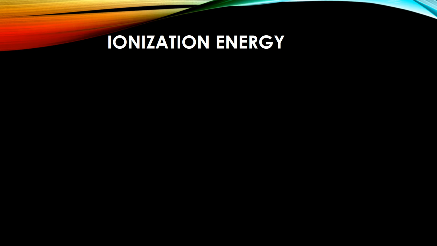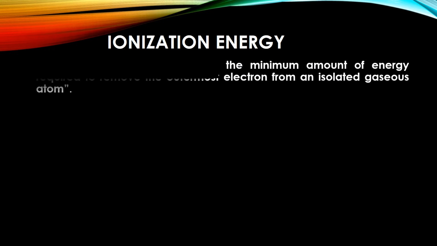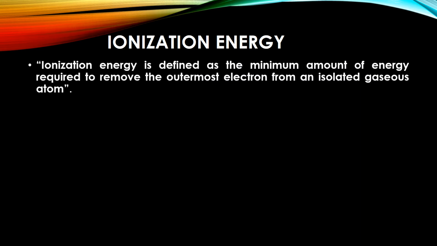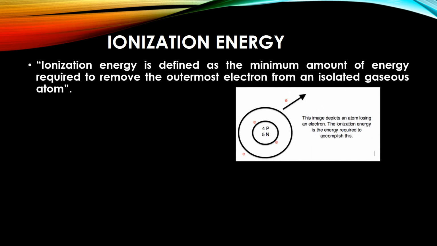so what is this ionization energy? Ionization energy is the minimum amount of energy required to remove the outermost electron from an isolated gaseous atom. In this image you can see an element containing 4 protons as well as 4 electrons.